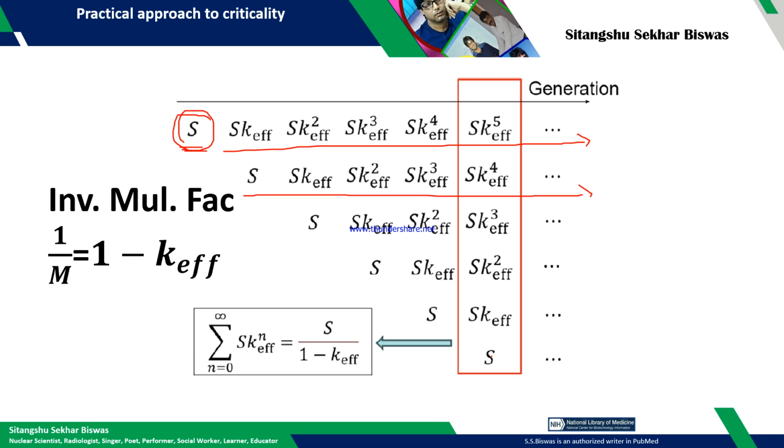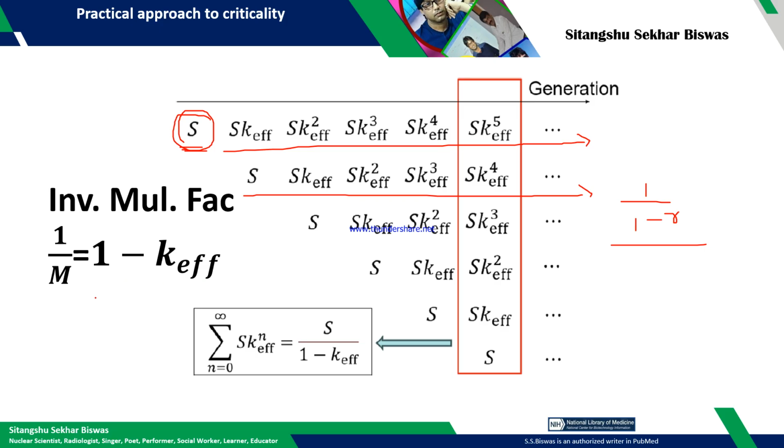If you take S common, then 1 plus k effective square, k effective cube, and so on. It will be an infinite series, an infinite GP series of common ratio k effective. So the summation will be 1 by 1 minus r. That is basically S into 1 by 1 minus k effective.